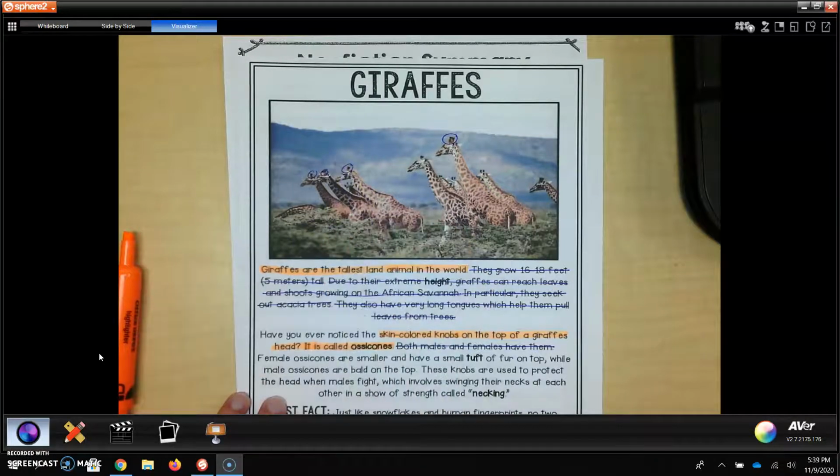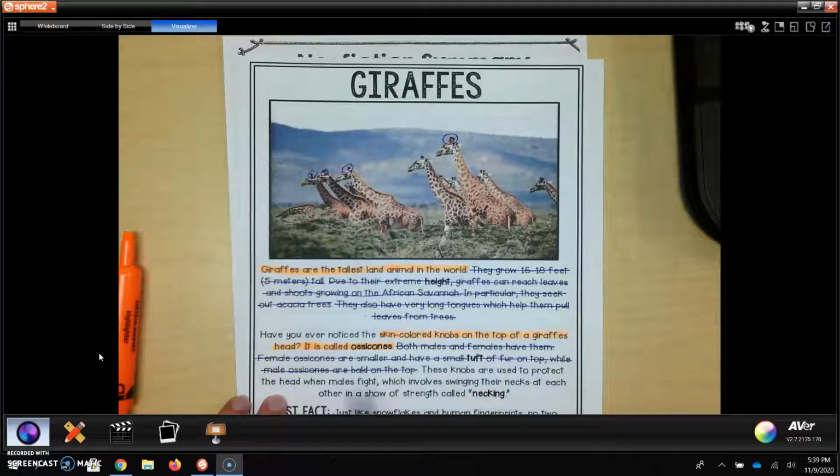Female ossicones are smaller and have a small tuft of fur on top, while male ossicones are bald on the top. Once again, just some extra details, because our main point is that they have those ossicones. These are just extra details that tell us how the female's and male's ossicones look. So extra facts, not super important to know about giraffes.